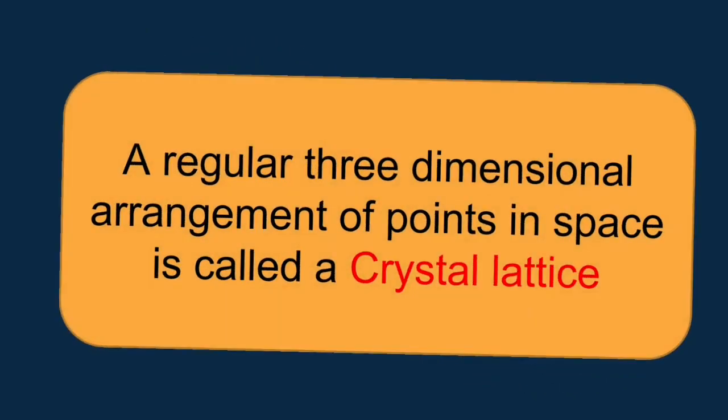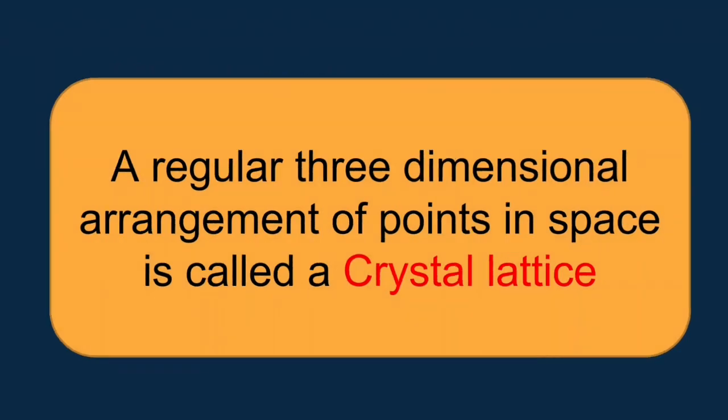So you have to study this definition: a regular 3-dimensional arrangement of points in space is called a crystal lattice. That is, when you represent the 3D arrangement diagrammatically and consider each constituent particle as a point, that arrangement is called a crystal lattice.